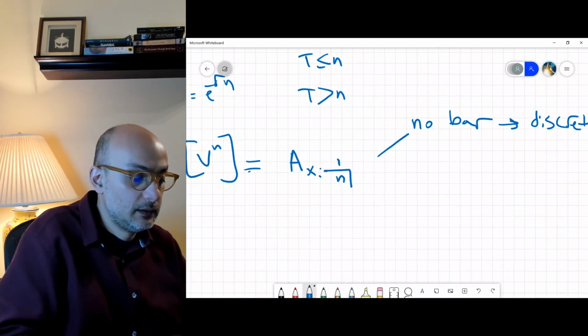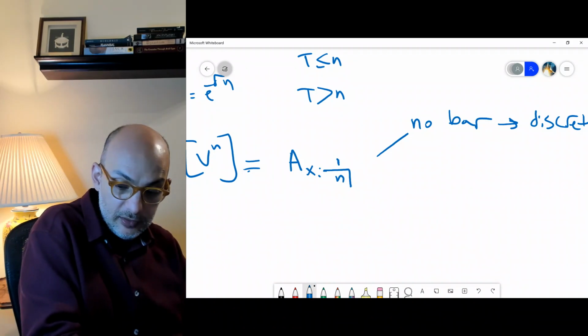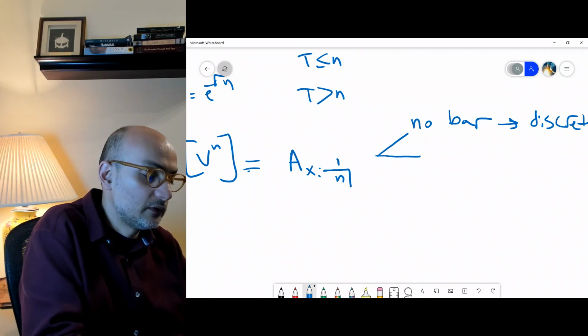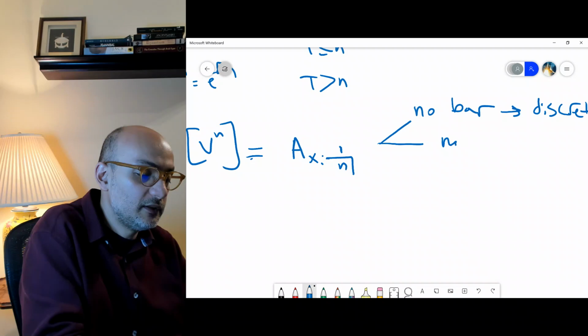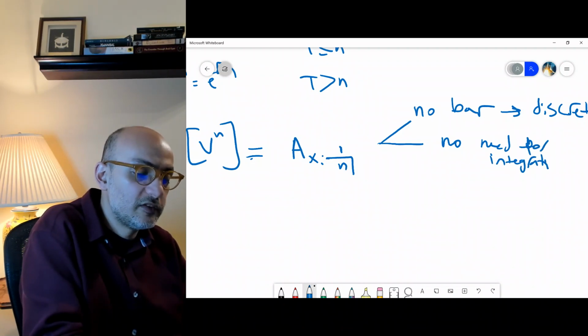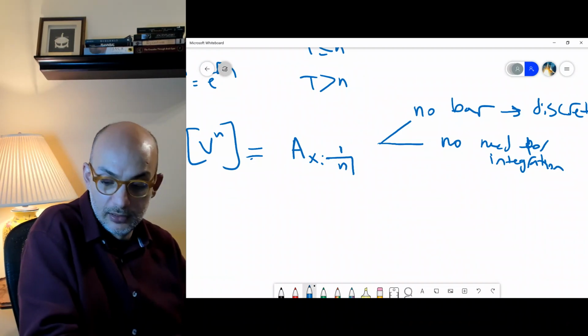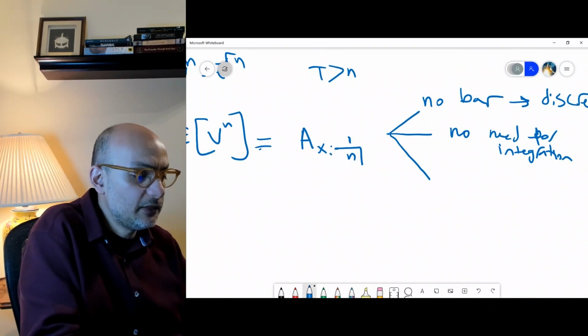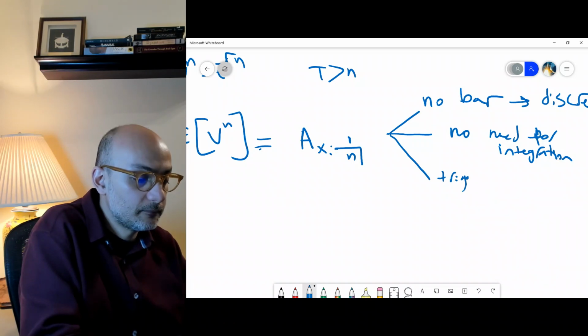Second, no need for integration, because it's discrete. It's discrete, no need for integration, right? And the difference between this one and the one before is that this one is triggered by survival.